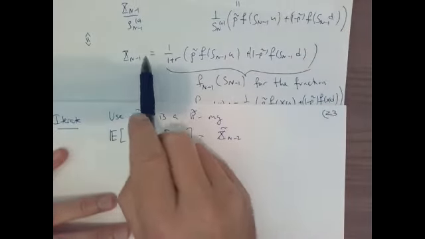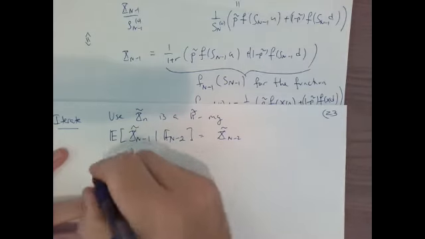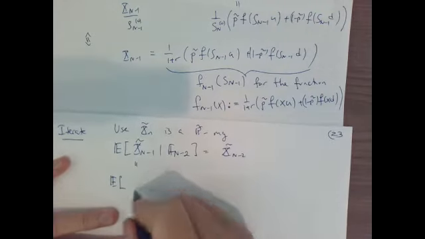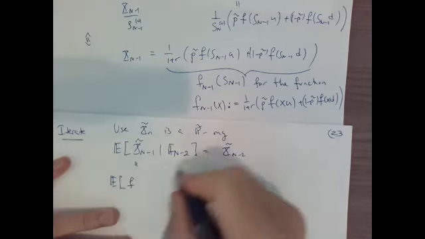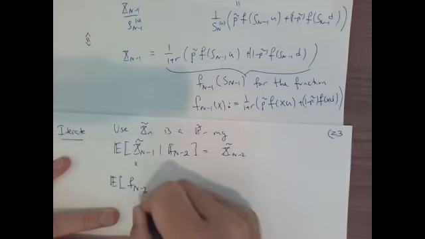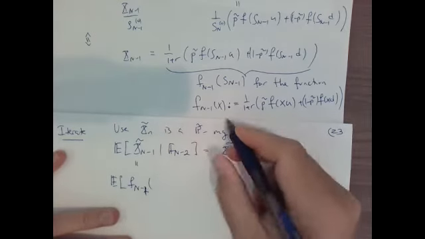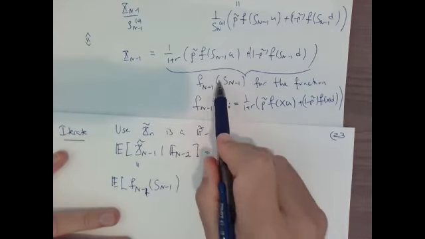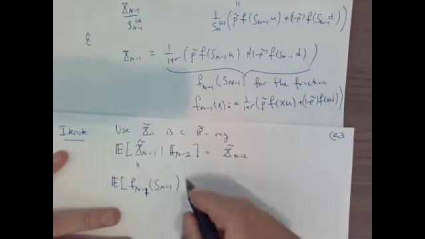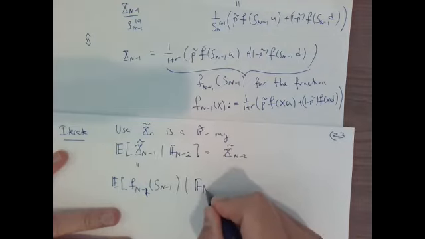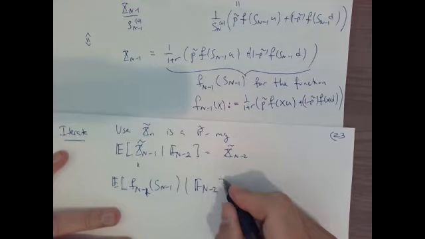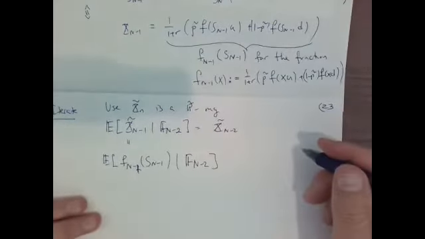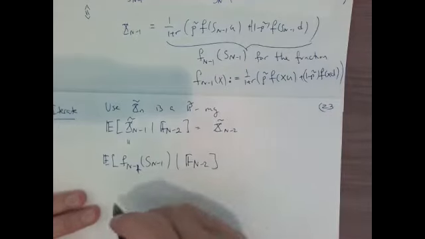So here we had X_{n-1}. I'll plug it in. This is the same as, let me use this function I had here, F_{n-1} evaluated at S_{n-1}. Right, that was this expression here. This is my X_{n-1}. So I want to be able to compute this conditional expectation. But that goes exactly as it did before.